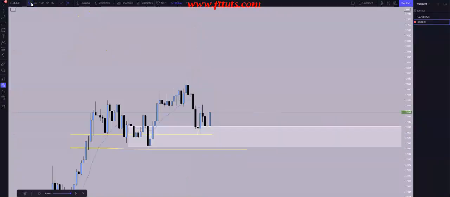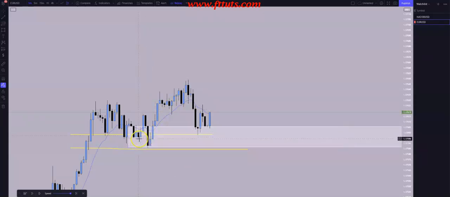So if you're having a hard time trying to spot supply and demand on a 5 minute, say it's only 2 candles, say it's only this bullish candle and then this doji, and you're having a hard time to see if it's demand, go to the 1 minute to see how many bearish candles, how many bullish candles you see.